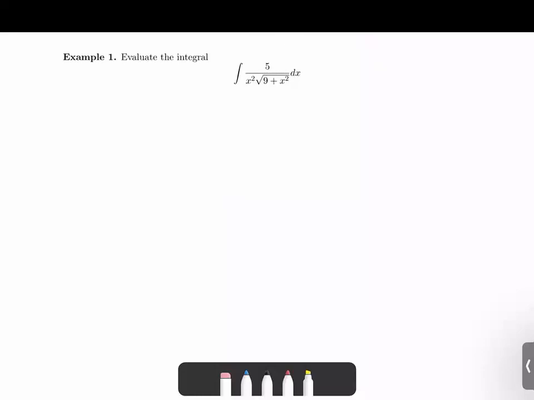So first off, we're evaluating the integral of 5 over x squared times the square root of 9 plus x squared. When we see the square root of a number that's a square plus or minus x squared, we immediately notice it. This square root of 9 plus x squared is really the square root of 3 squared plus x squared.